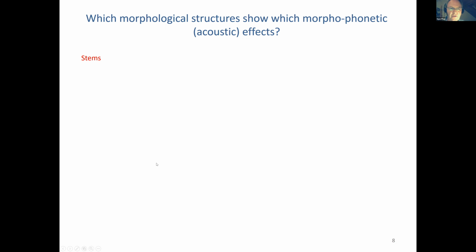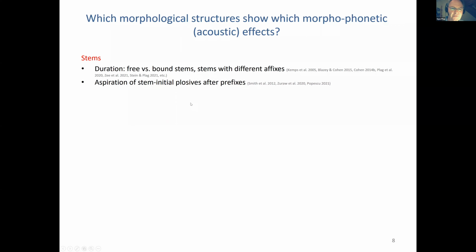So if we look at the morphological structures known as stems, there have been findings concerning the duration of stems, so that free versus bound stems differ, stems with different affixes differ. There's aspiration of stem initial plosive after prefixes that reflects morphological differences of these prefixes.